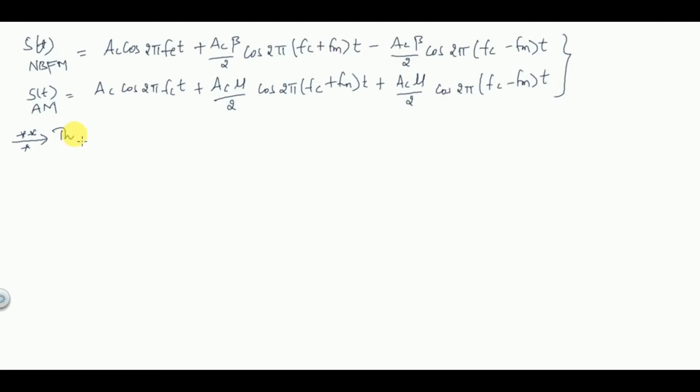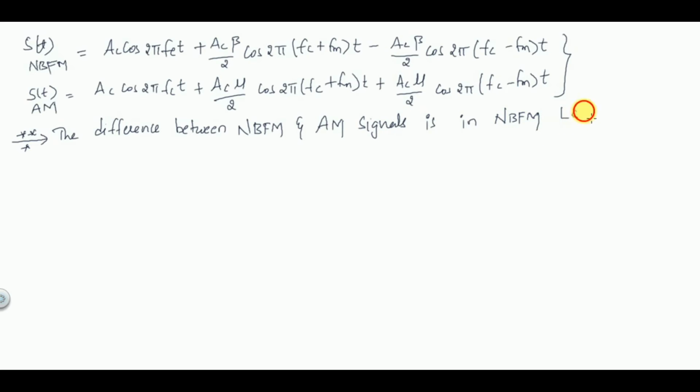So the difference between NBFM, narrow band frequency modulated signal, and amplitude modulated signal, NBFM and AM signals, is in NBFM lower side band is out of phase, is 180 degrees out of phase.